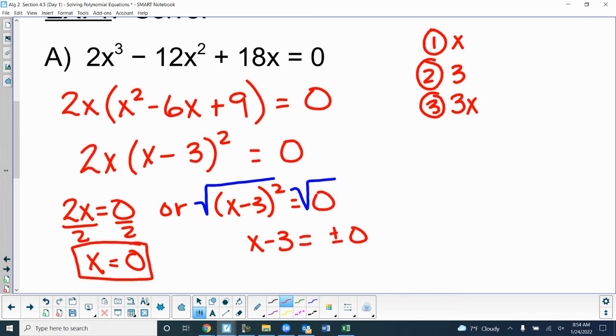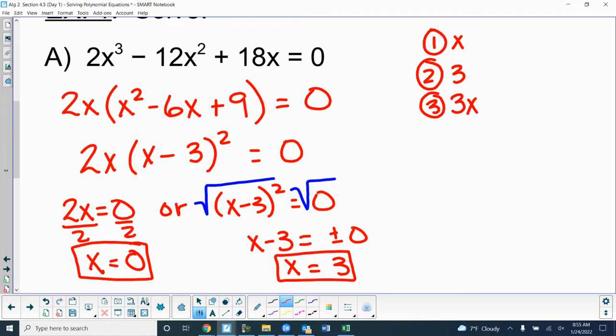No, it's not going to make a difference. But other times, it would make a difference, right? Then what do I do to get x by itself? Add 3. So what's 3 plus or minus 0? It's still 3, right? It's not plus or minus 3, it's plus or minus 0, right?